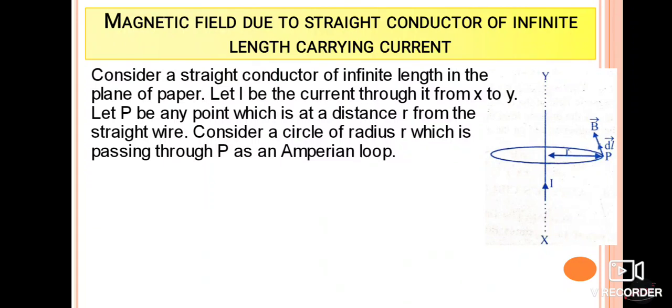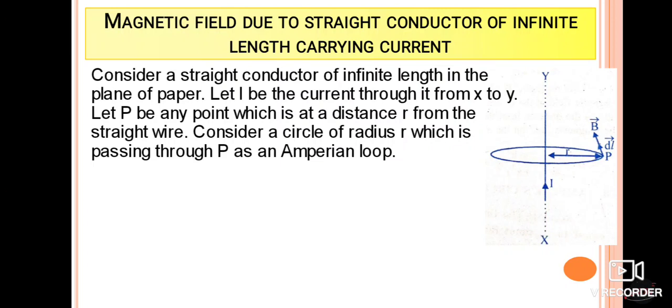Now we have to consider one circle of radius r which passes through the point P to get an Amperean loop. One closed curve or closed loop we have to get at the point P, that we have taken as a circular loop.